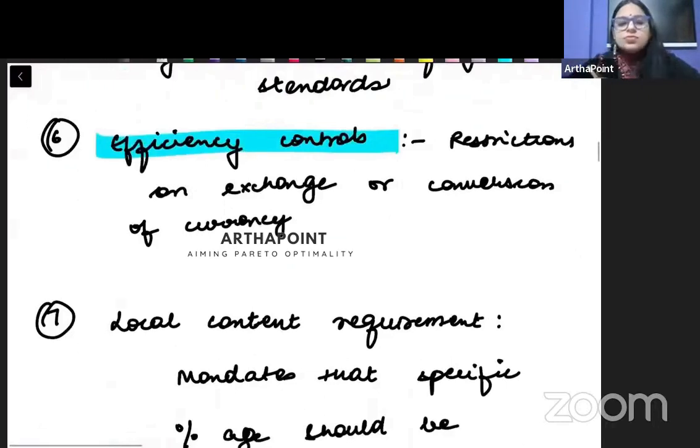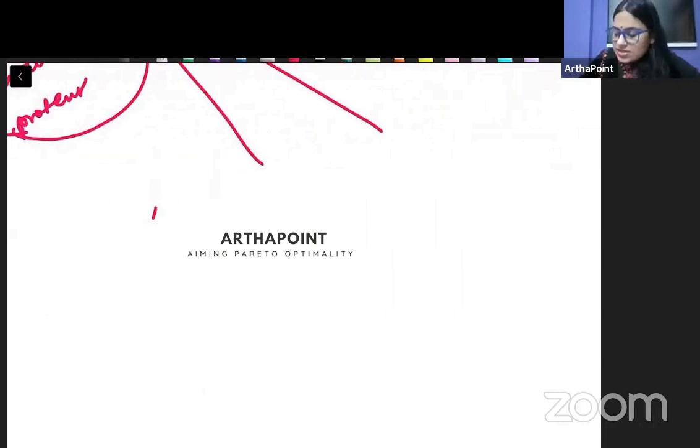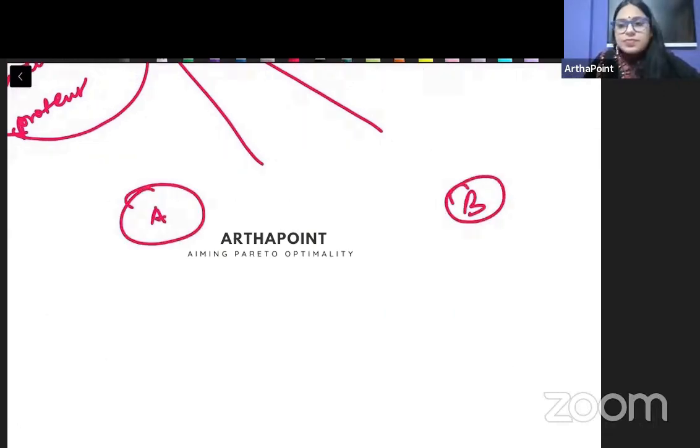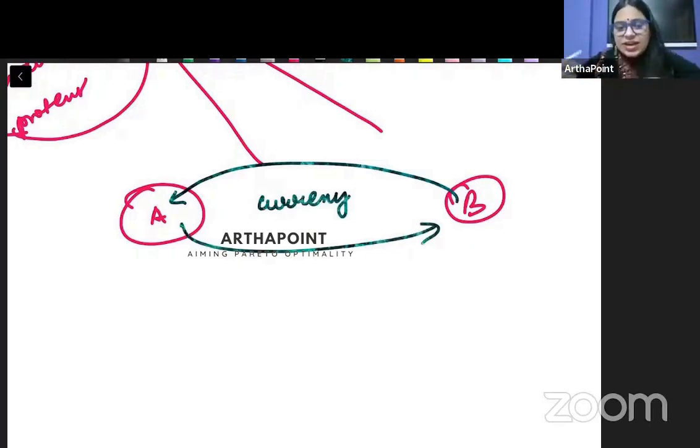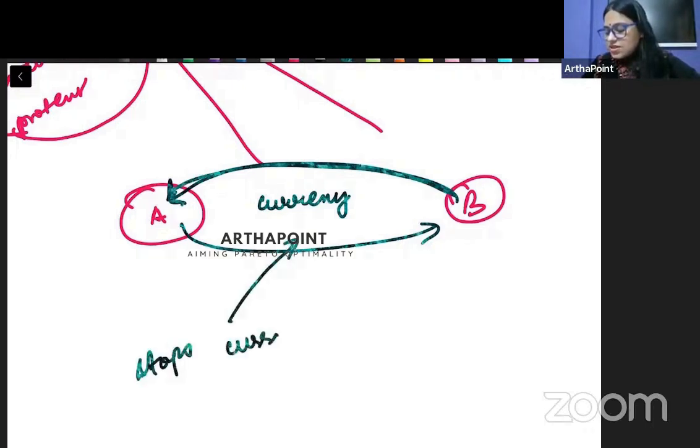Efficiency controls. What are efficiency controls saying, beta? Restriction on exchange or conversion of currency. Now understand carefully. This is country A, this is country B. If you want to import from country B, you will need its currency to pay, right? You have to pay that country in its currency. Only if you pay in its currency can you get goods from it. But what if the government stops this currency conversion? The government says we are not giving you this currency.